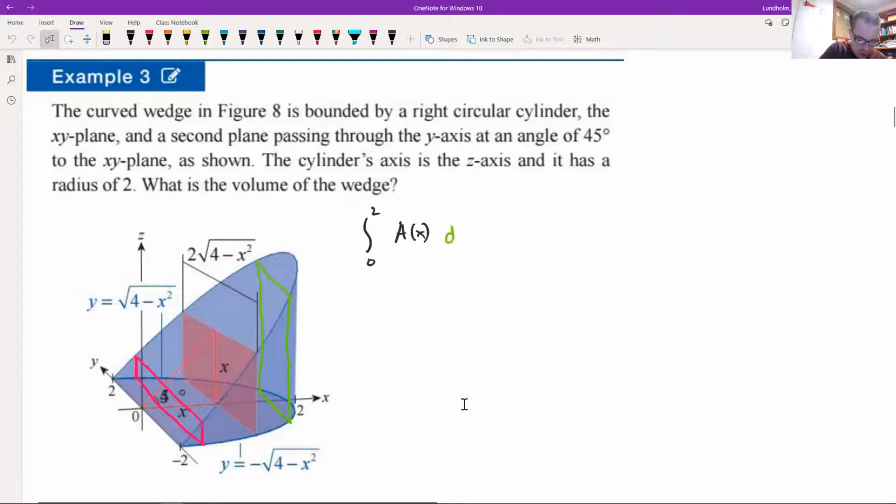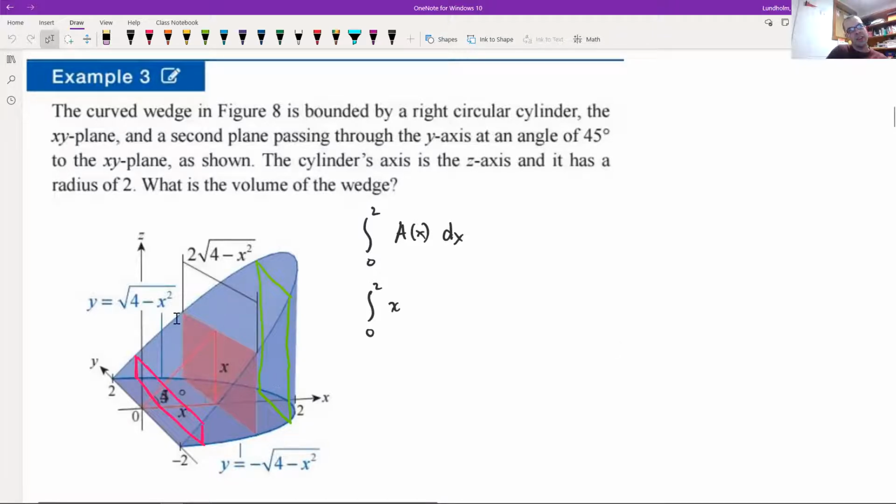We need to figure out what the area of this rectangle will be at all times. So the height of the rectangle is going to be x. As we go along in the x direction, the height's going to be x.